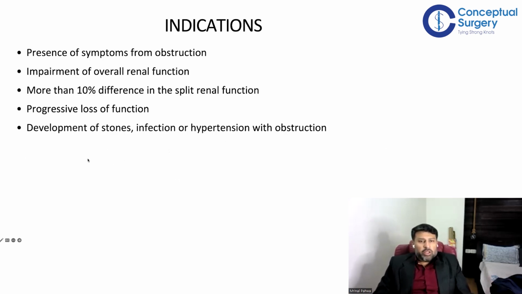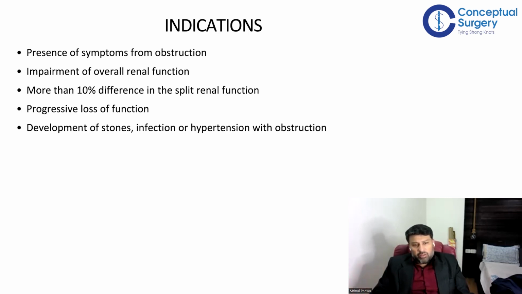When we come to indications for pelvic ureteric junction surgery, first and foremost, if the symptoms that the patient is having can be easily ascribed to PUJ obstruction, and it explains those symptoms, then it becomes an indication for surgery. Secondly, impairment of overall renal function, documented as more than 10% difference in the relative split renal function between the two kidneys.